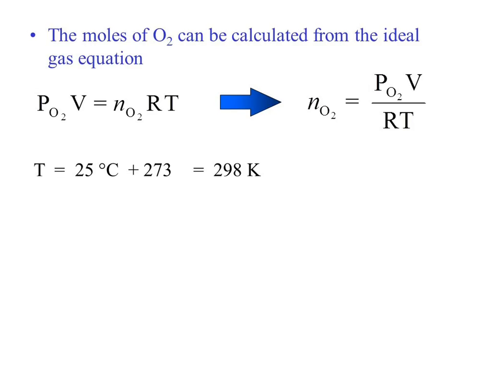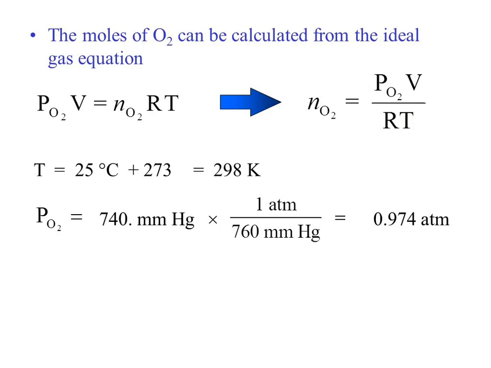So 298 Kelvin is what we're looking at. Then we need to fix the partial pressure of O2 from millimeters of mercury to atmospheres by multiplying by 1 atmosphere over 760 millimeters of mercury.